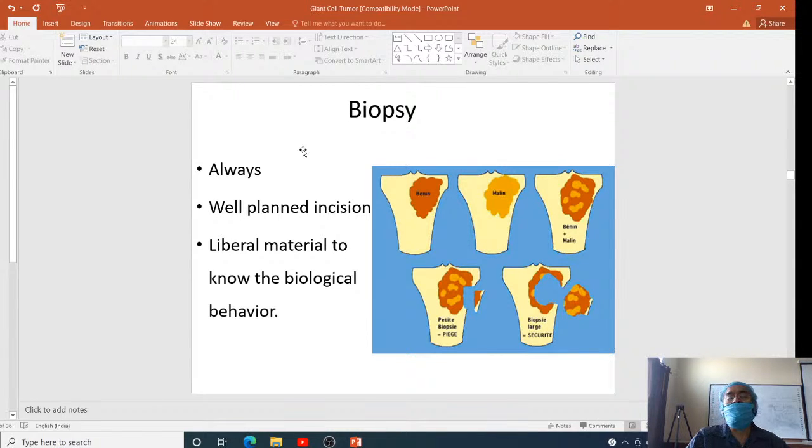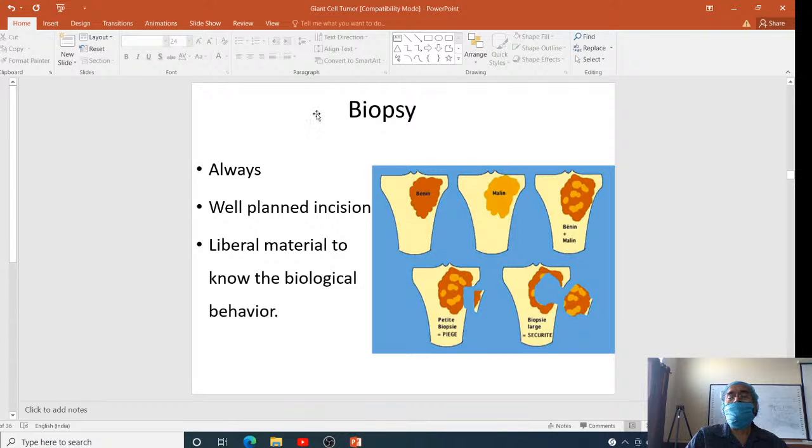Previously, anybody could do the biopsy, and once the biopsy report comes, then they were sent to the centers where these oncology surgeries are being done. So not everybody is having all the facilities to do these oncological procedures.